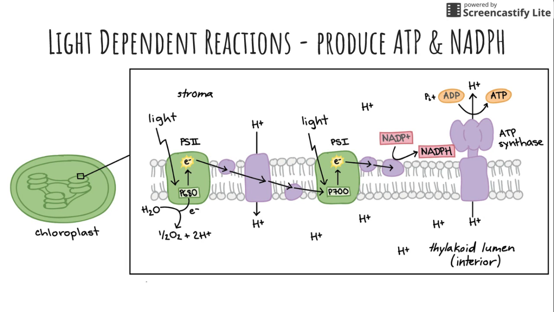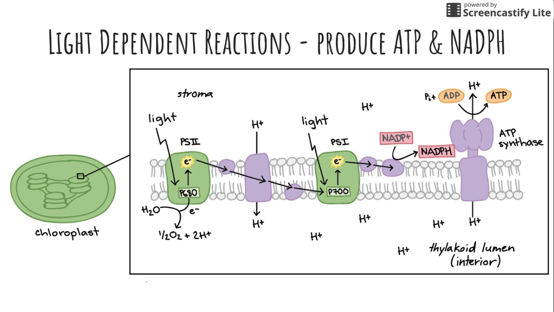In each of these chloroplasts, there are chlorophyll, which are photosynthetic pigments. These absorb light waves and are green, and that is why plants are green, because they have chloroplasts with chlorophyll inside of them. In each of these, photons hit electrons and they get excited.